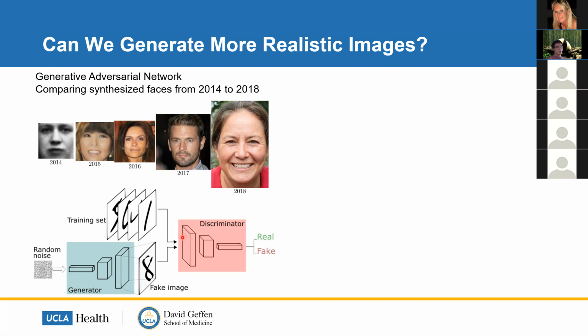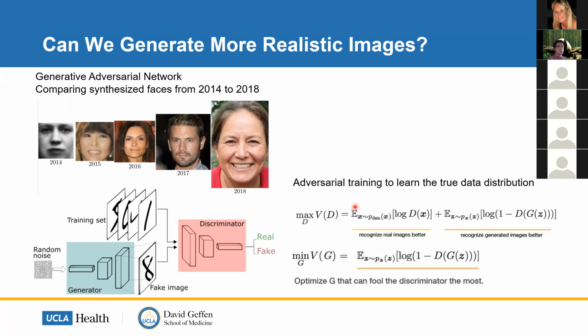During the training process, the generator tries its best to generate a realistic digit, while the discriminator's job is to distinguish if the generated numbers look real or not. The generator tries its best to fool the discriminator, and this adversarial training keeps going to learn the true data distribution. During inference, we ditch the discriminator and only keep the generator for image generation.